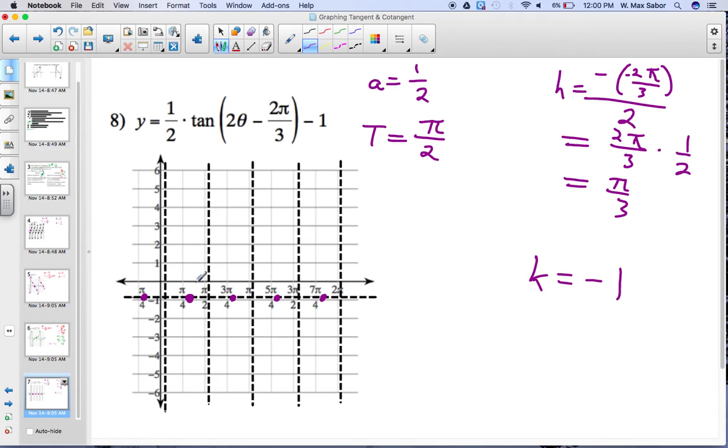Now we can draw our inflection points, which are halfway between the equilibrium point and the asymptote. Sorry, that is a wrong point. It should be lower because the amplitude is 1/2. And they're rising because this is tangent.